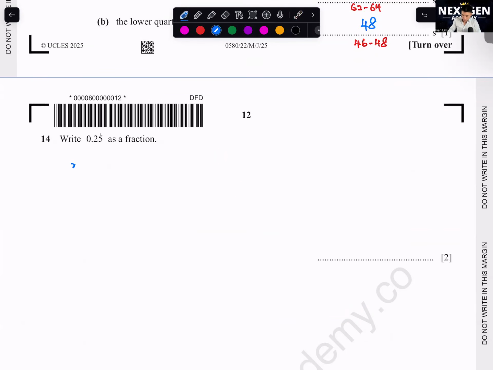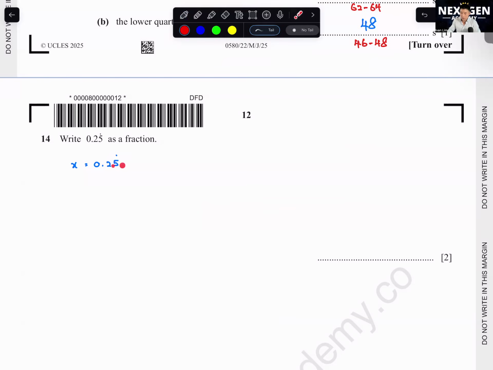First, we start with this statement: let x equal 0.25 recurring. Whatever they give you, we just put as x. We need two values. The first one is where we move the decimal point before the first recurring digit.